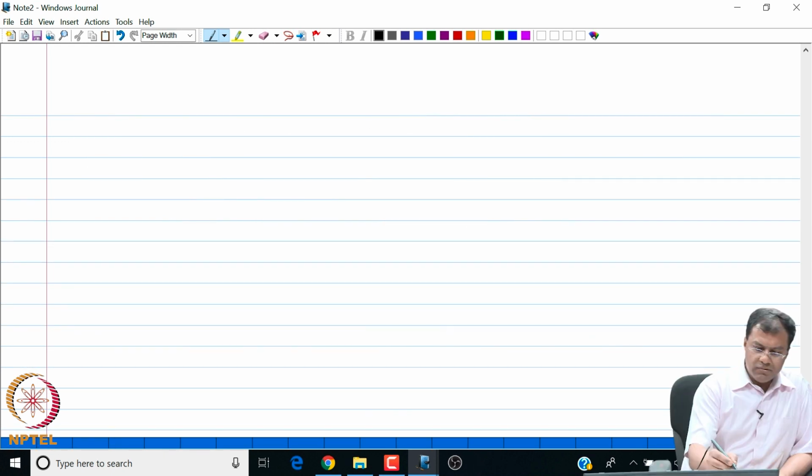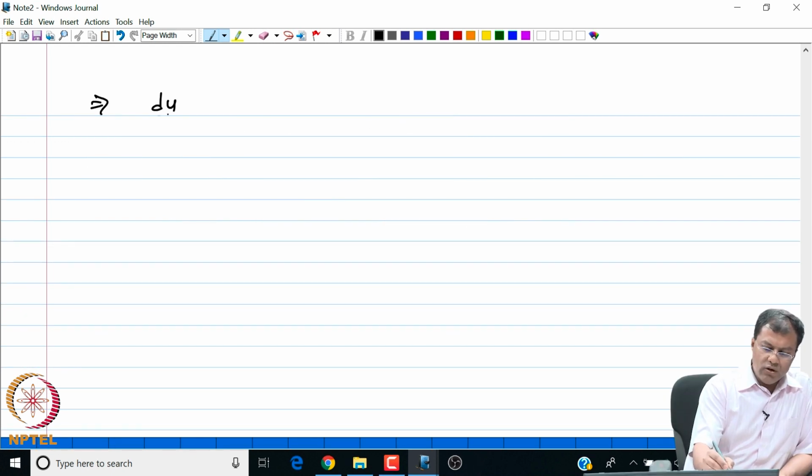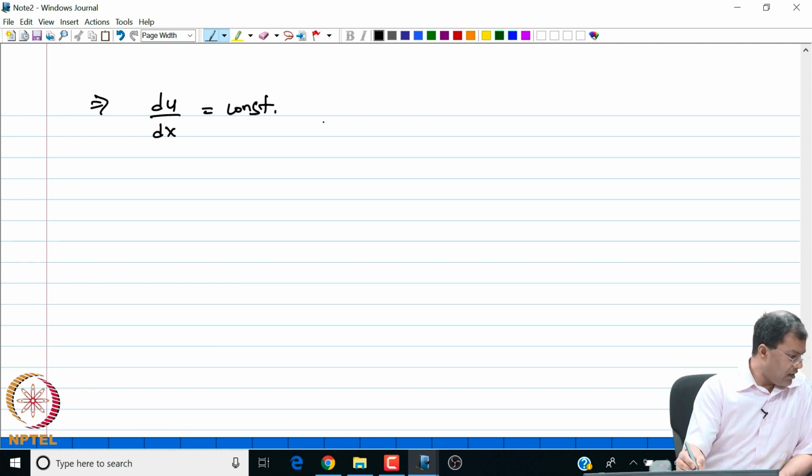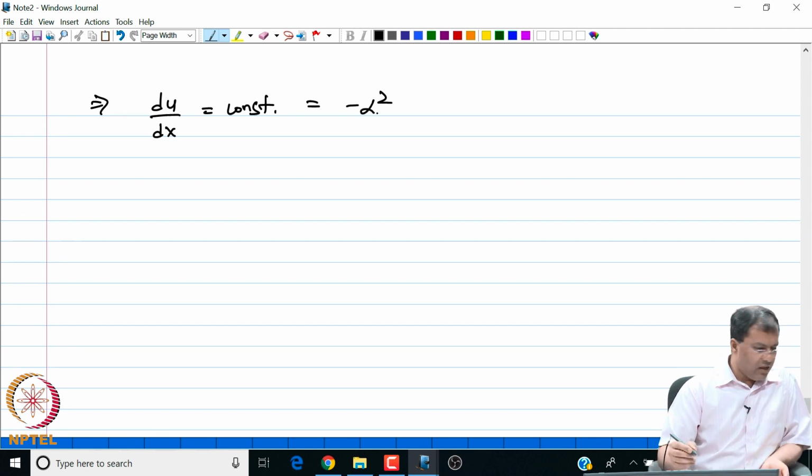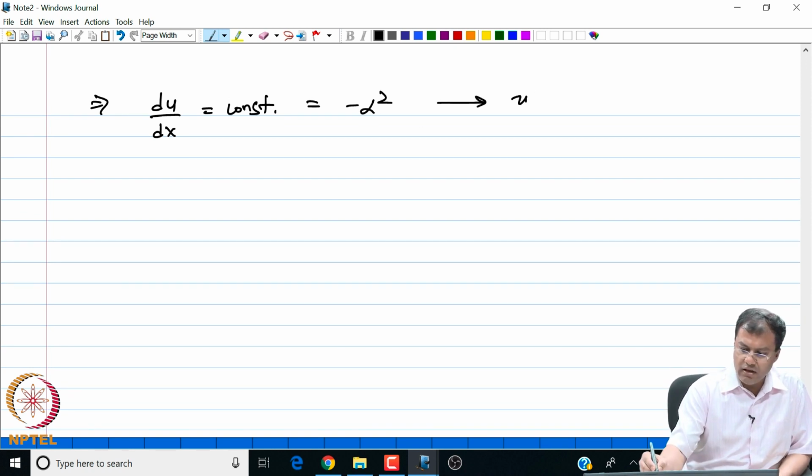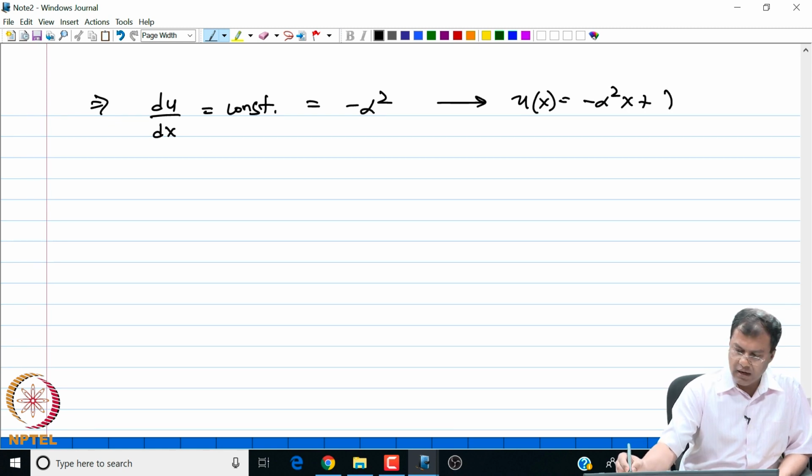So, my du dx is a constant. Let me call it minus alpha square, right. So, from here I see that u of x is minus alpha square x plus a constant gamma.